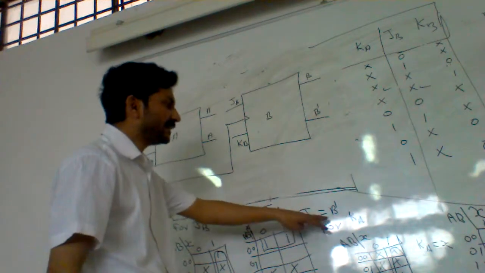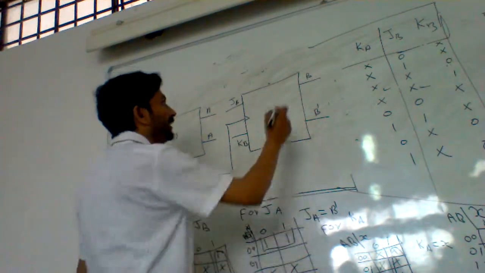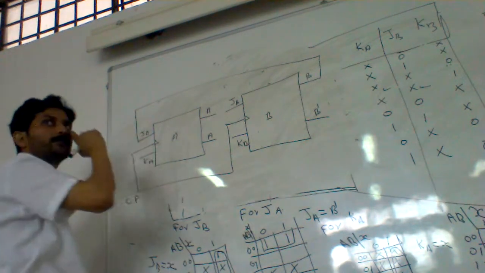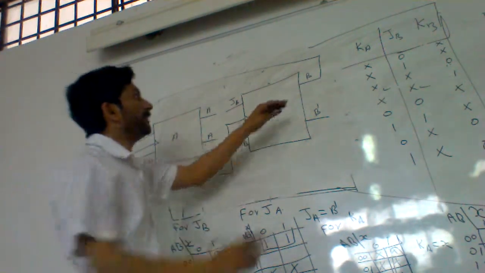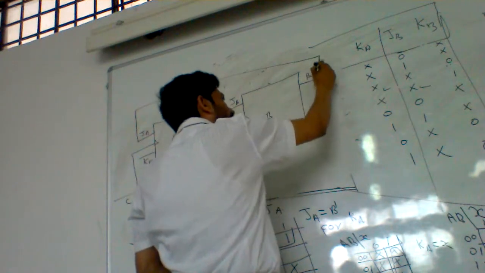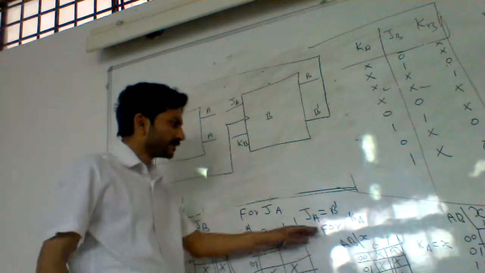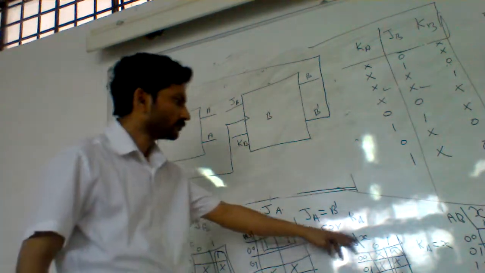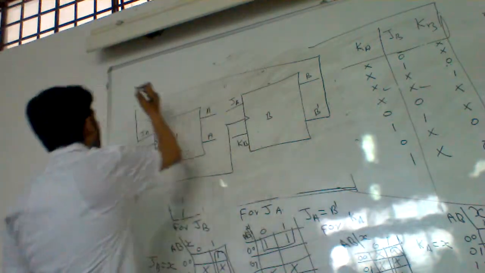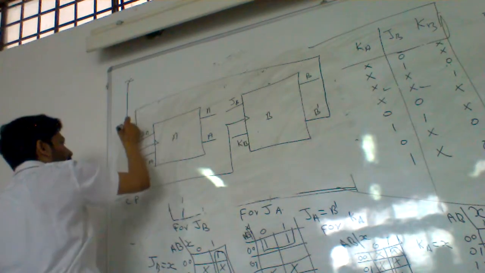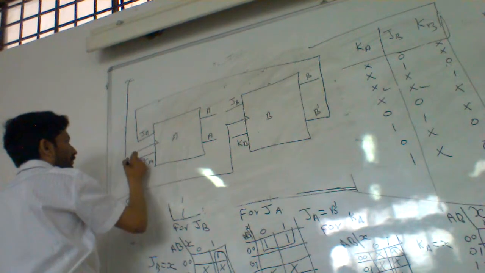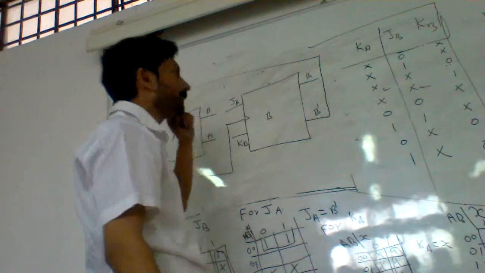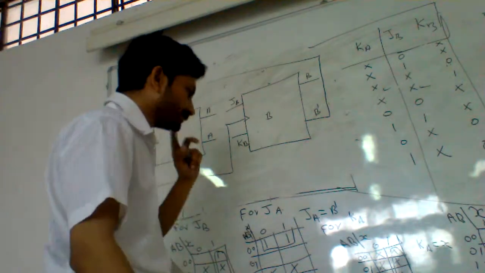Now JA is B, so simply connect B to JA. Next, KA. What is the value of KA? KA is X, and you can put X here. Next JB. What is the value of JB?